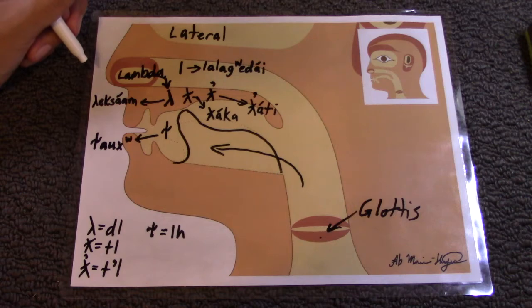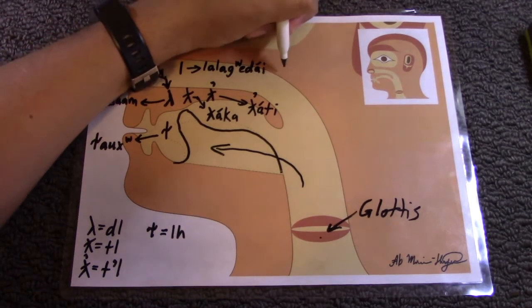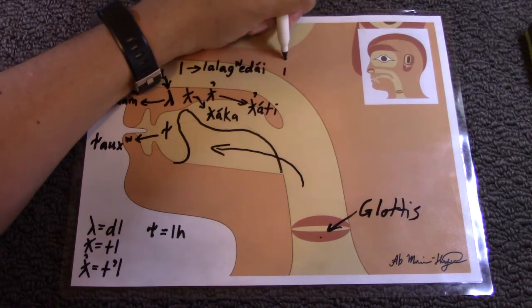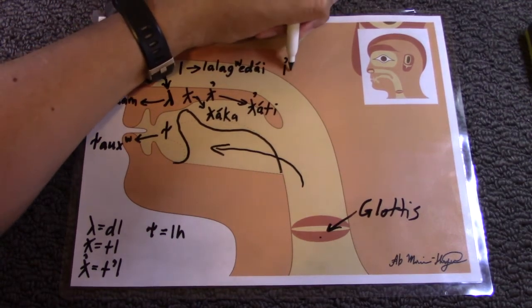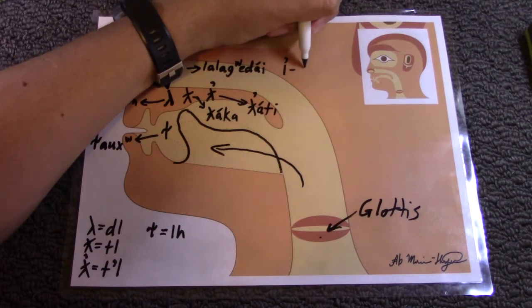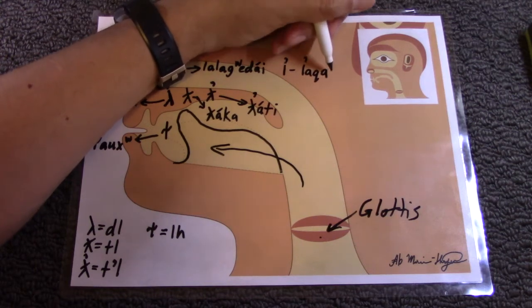So that's a regular L. We also have a glottalized L. And an example of this being used in á'islak is lakaha, which means thimbleberry.